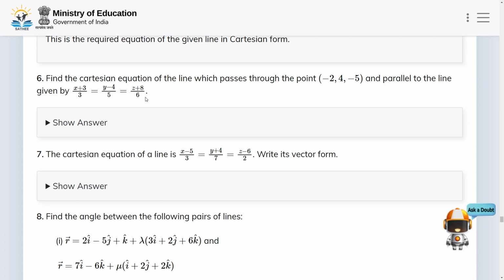Now, you know that this line is passing through the point minus 3, 4 and minus 8, the position vector. And this Cartesian form given to you represents your line.